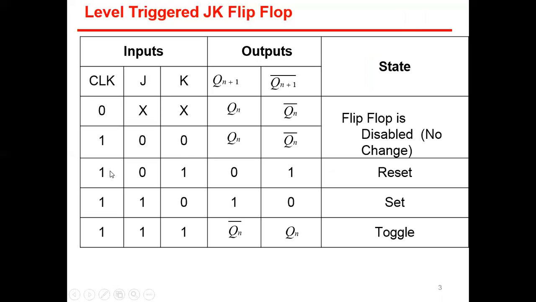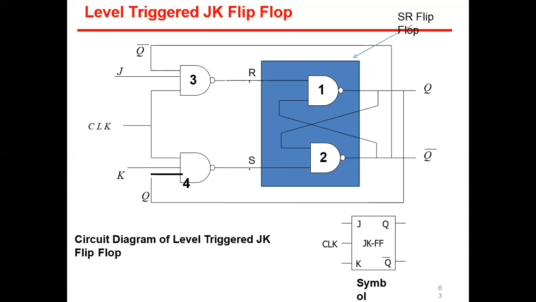Now the second case: clock equal to 1, J equal to 0, K equal to 1. Once again we recall the expressions for S dash and R dash, where S dash equals (K dot Q dot clock) whole bar and R dash equals (J dot Q bar dot clock) whole bar.